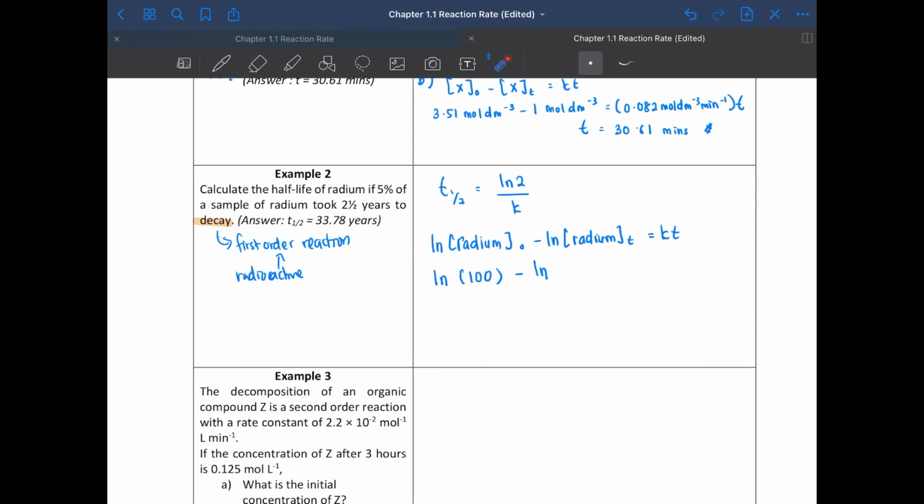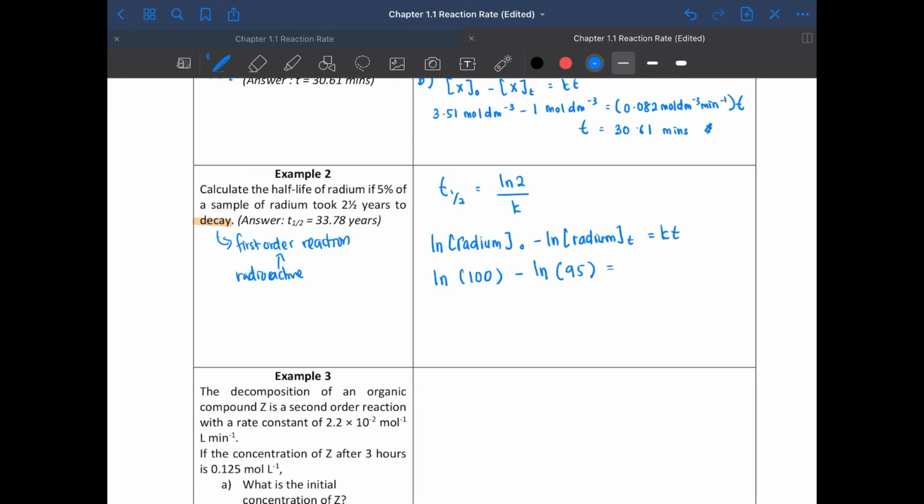That means after 2.5 years, 5% of radium decay. That means how many percent left? So the answer is 95%. So that means over here you need to substitute ln 95, not ln 5%. For those yang substitute ln 5%, that means dia tak faham A tu adalah concentration yang tinggal after reaction.